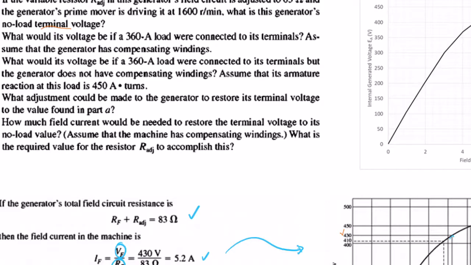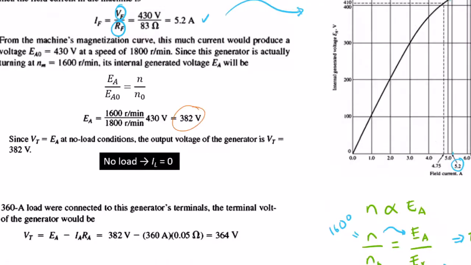Now again, as I said before, no load means IL equals 0, which means IA is also equal to 0 as well. Then you can work out the value.